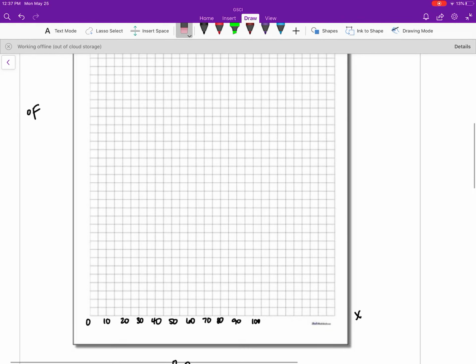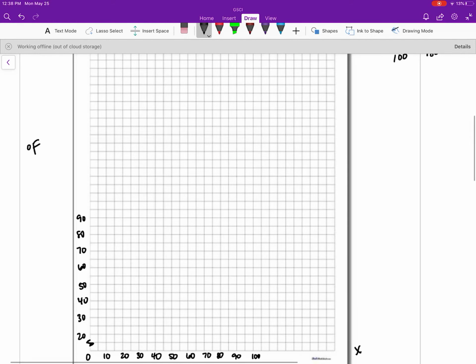Okay, so let's start at 20. And we're going to draw this little line right here, which means that we're not using all of them. 30, 40, 50, 60, 70, 80, 90.